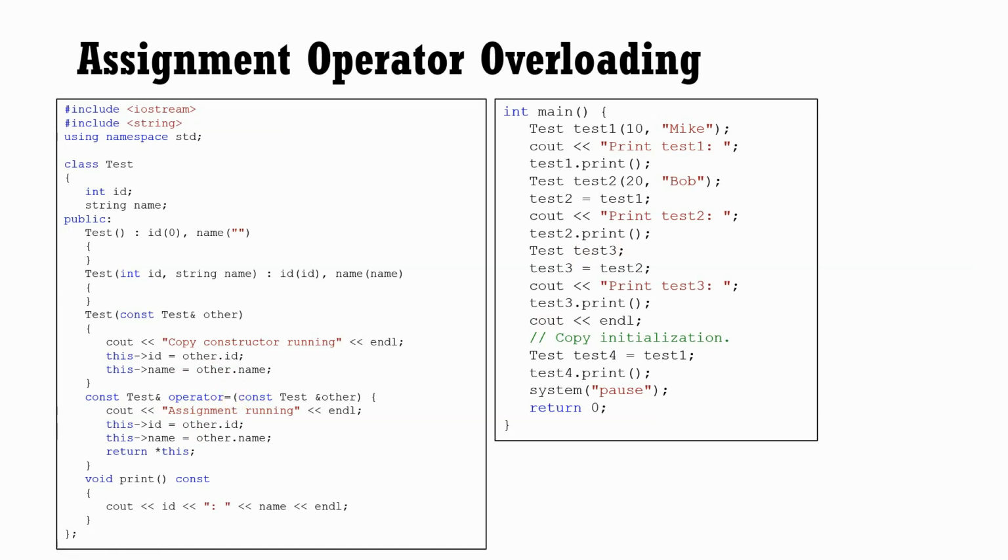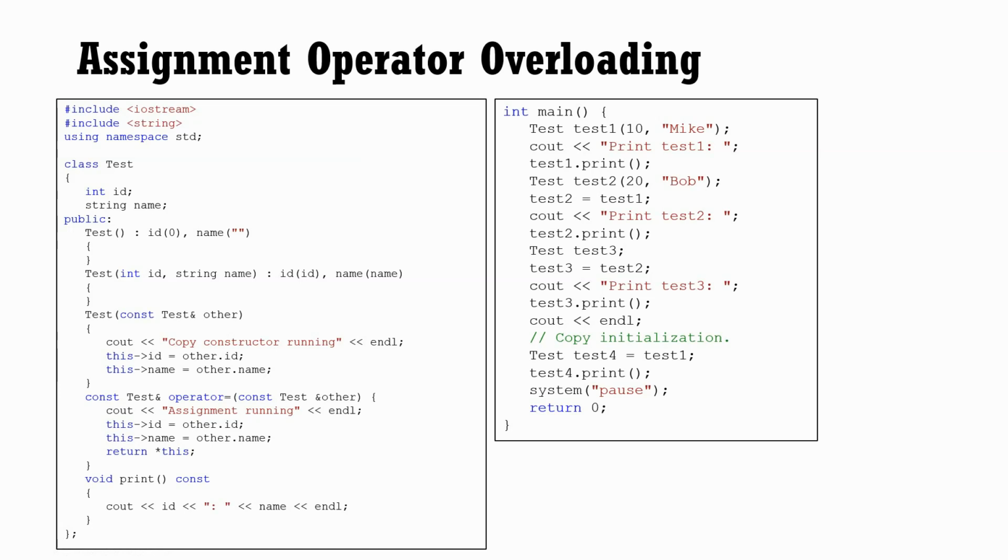Here let's say we have some objects: test1, test2, test3. Look at this one. When we say test3 is equal to test2, this operator is usually defined for primitive data types, for integer, double, character.